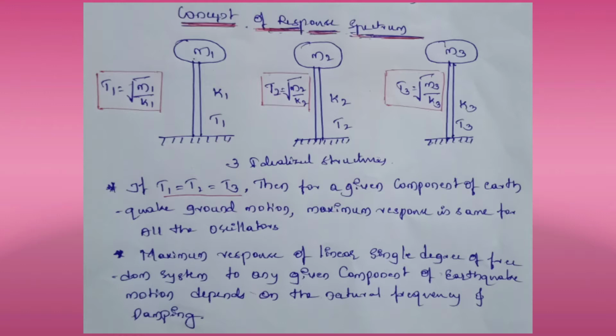If the time period is the same in all the structures, the maximum response will be the same in all the oscillators. Next, the maximum response of a linear single degree of freedom system to any given component of earthquake motion depends on the natural frequency and damping.